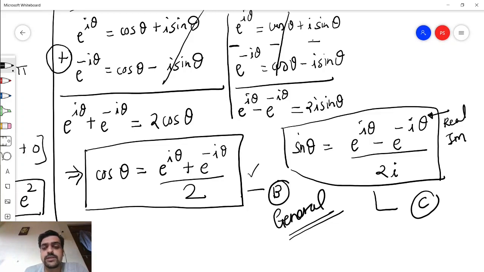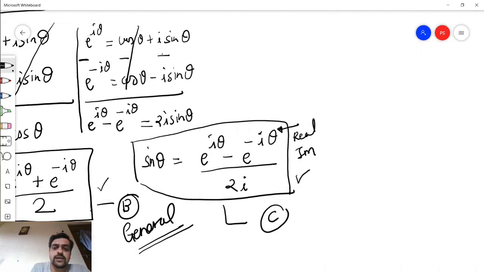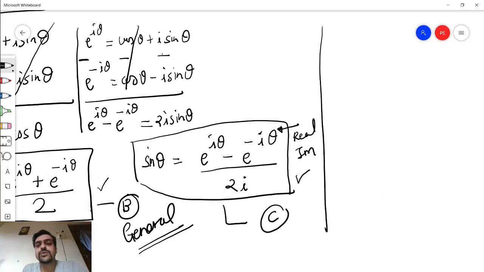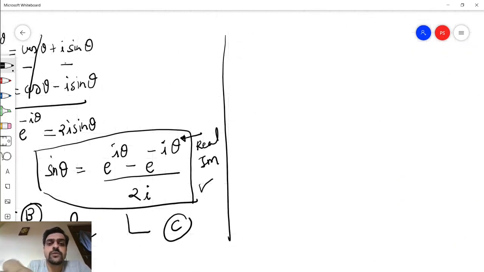These two equations hold true in general, so we can directly extend and apply these two functions in the domain of complex numbers. So we now define the trigonometric functions involving complex numbers in the following way.